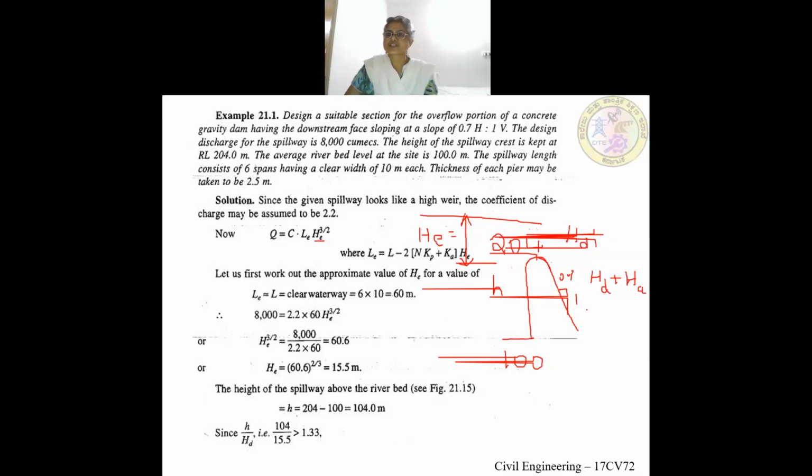He is equal to Hd plus Ha. So first we have to find out the approximate value of He by using the discharge formula.